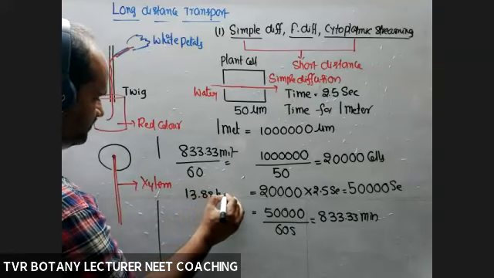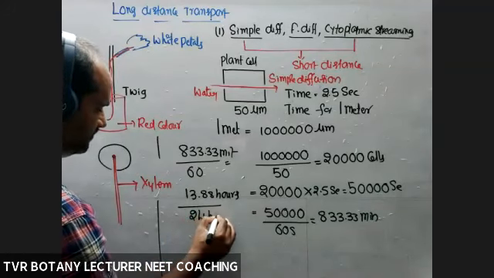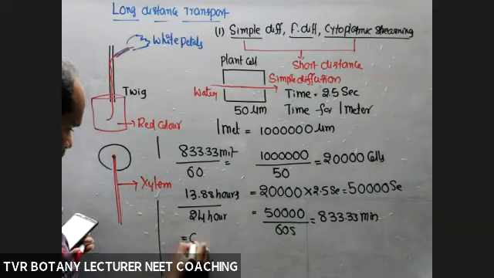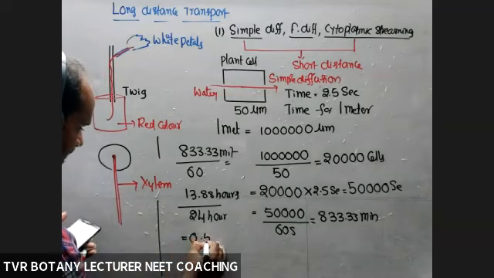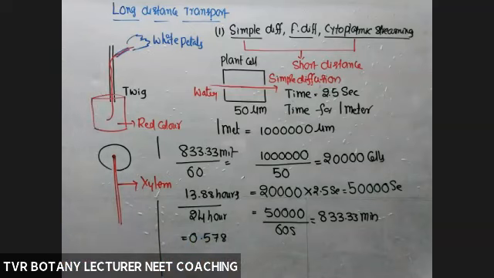And convert that one into days. Per day, how many hours? 24 hours. Okay, so the value is 0.578 days.